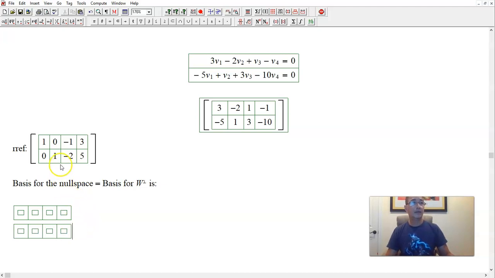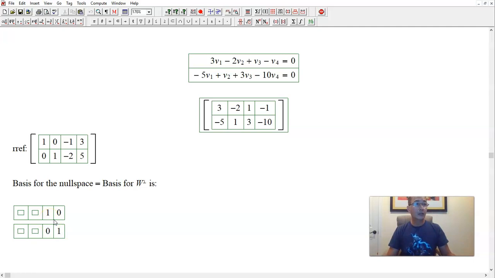Okay, so there they are. And we will put a leading, no, not a leading one. Remember, they're called trailing ones at the columns for the free variables. So we will put a 1 in column 3 and a 1 in column 4. Everything to the right of the trailing one has to be 0. Everything below the trailing one must also be 0.